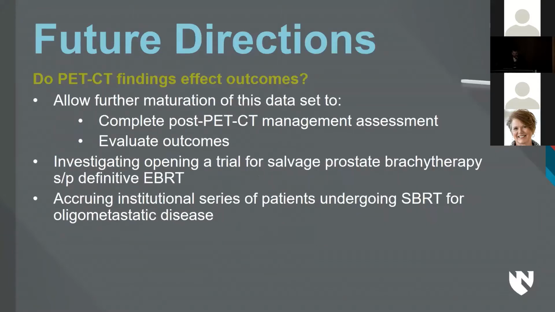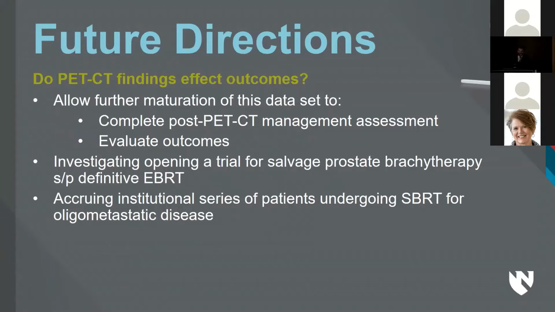Future directions: I mentioned that third hurdle is how we assess the efficacy, as we change these radiation fields, of how this affects patient outcomes. That's our future direction with this data set. We want to complete post-PET CT management assessment and evaluate outcomes in these patients.